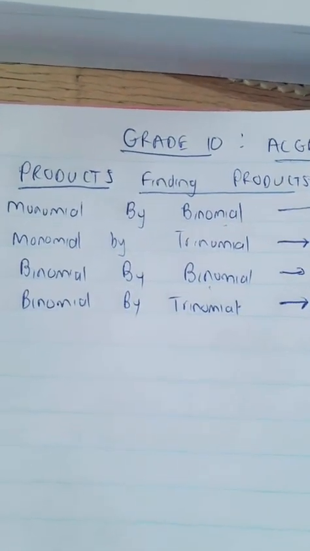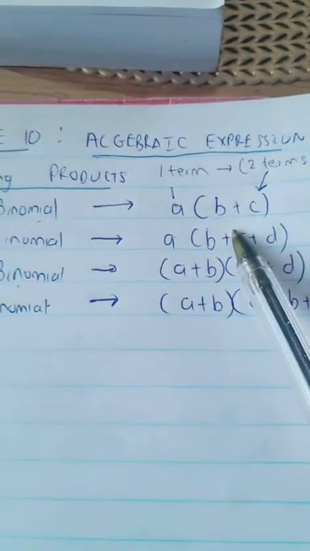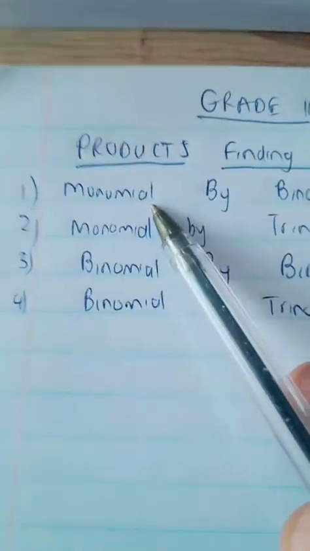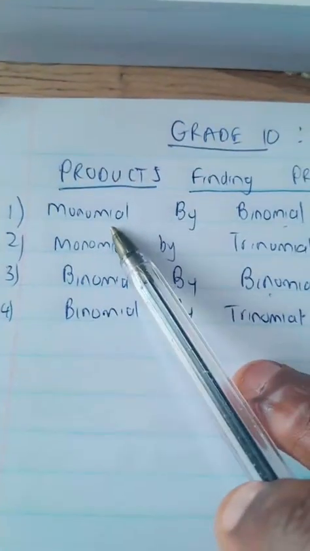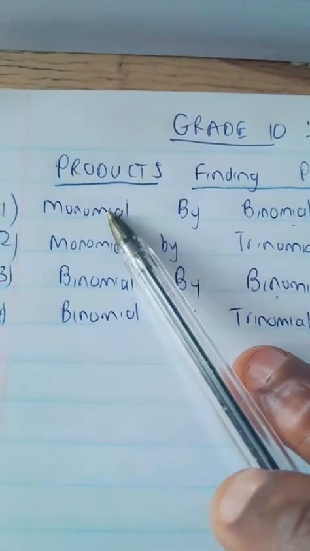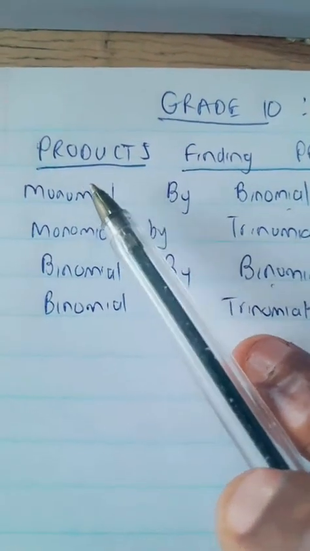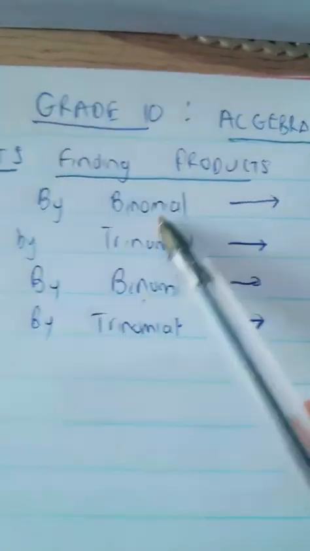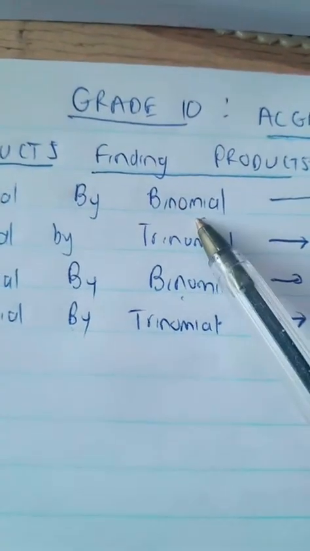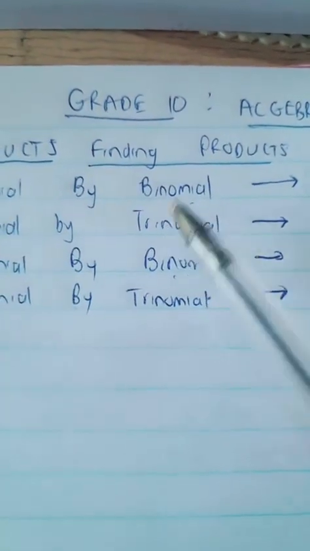So we are going to start with products. Hopefully you understand what a monomial is. Monomial means an expression with one term, binomial means an expression with two terms, and trinomial, on the other hand, means an expression with three terms.